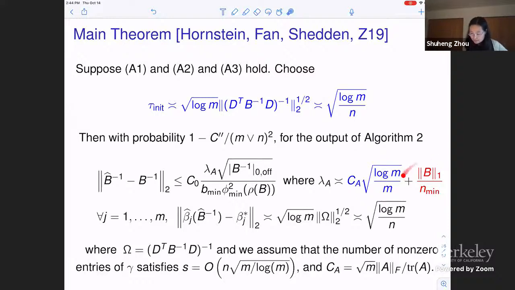And there is another factor in addition to the mean zero model. In the mean zero model, we only have this term for the penalty. And now because of the mean estimation, we get this additional term. This is a matrix L1 norm from covariance matrix B. And if this is large, which can be at most square root n, our rate can degrade.